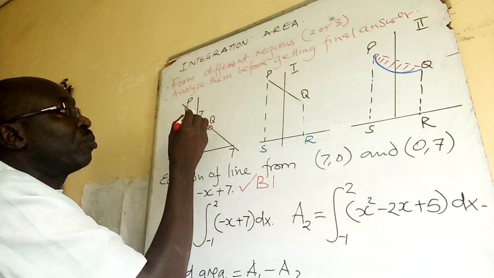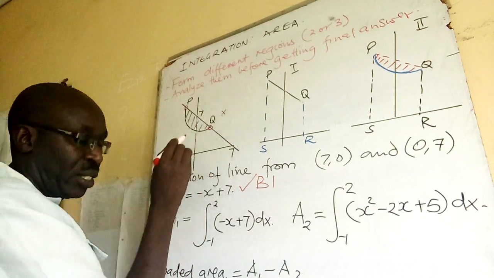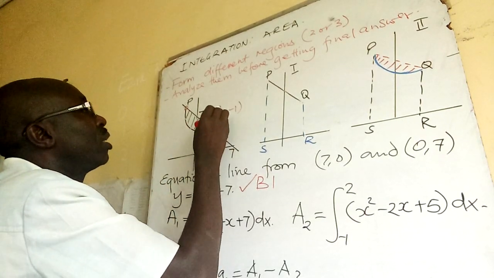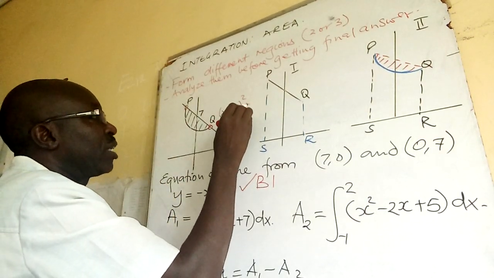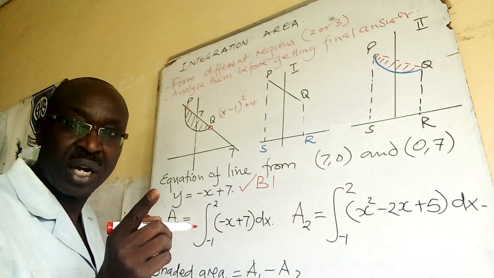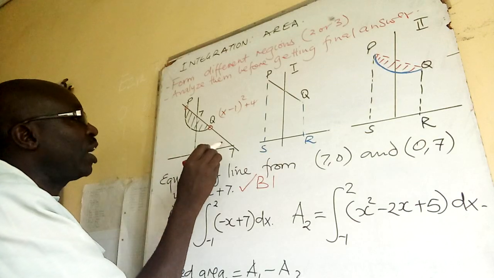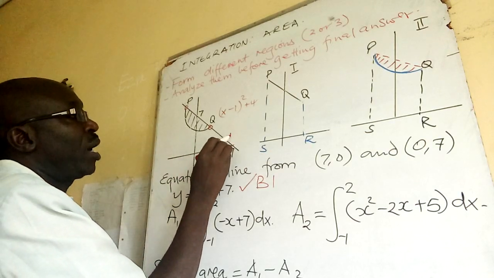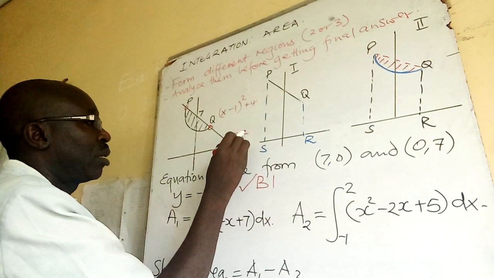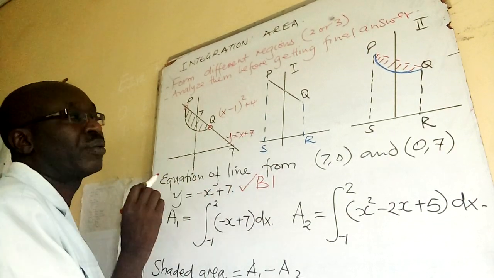Okay? The equation of the curve we were given is y equals (x minus 1) squared plus 4. That is the equation of the curve. The equation of the line, y is equal to minus x plus 7.